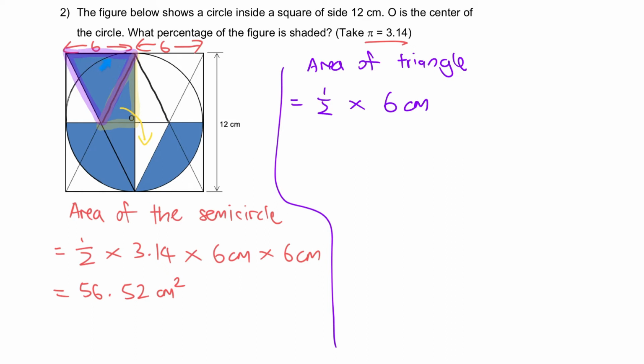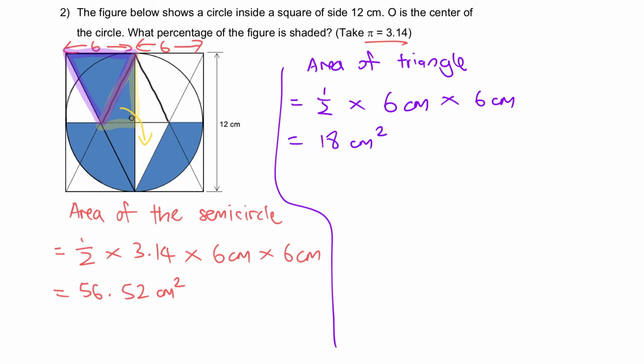This is the base, and then the vertical height times another 6. That will be 18 centimeter square.